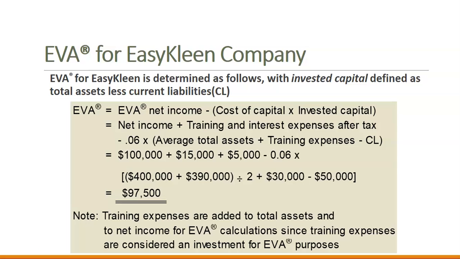So these are the adjustments that we make to the accounting information to come to an economic value added amount. So we have training expenses added to total assets and to net income for these calculations since they're considered as an investment in our company for the purpose of this calculation.